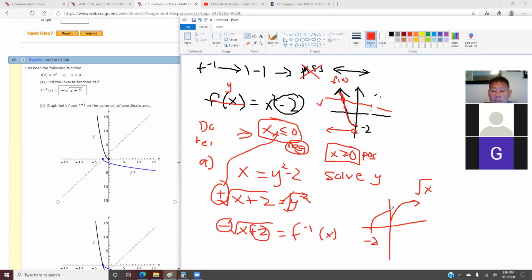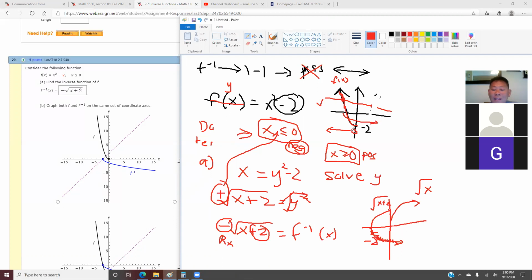So this is square root of x plus 2. And then when you have a negative here, this negative is a reflection on the x-axis, so it will go downwards. So this graph that I draw here is negative square root of x plus 2. It looks something like this.